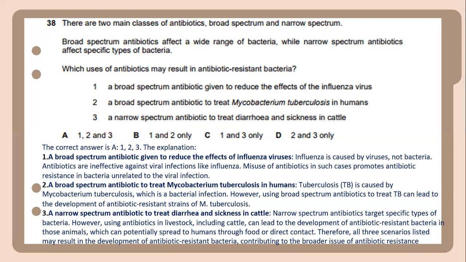A narrow spectrum antibiotic targets specific types of bacteria. However, using antibiotics in livestock, including cattle, can lead to the development of antibiotic-resistant bacteria in those animals, which potentially spread to humans through food or direct contact. Therefore, all three scenarios listed may result in the development of antibiotic-resistant bacteria, which contributes to the broader issues of antibiotic resistance.